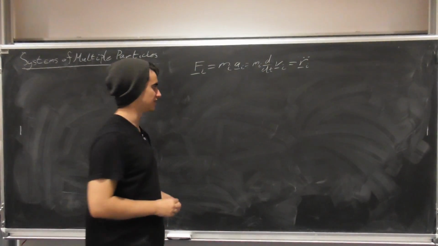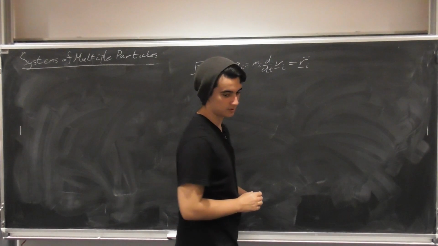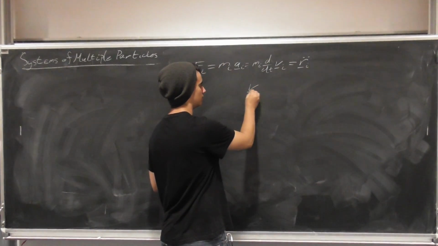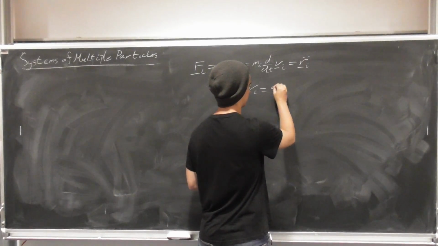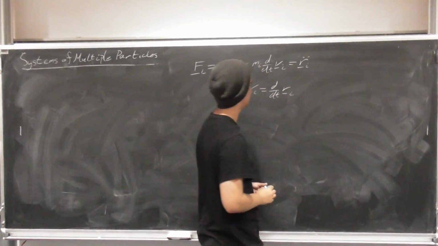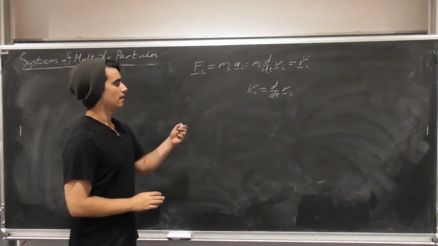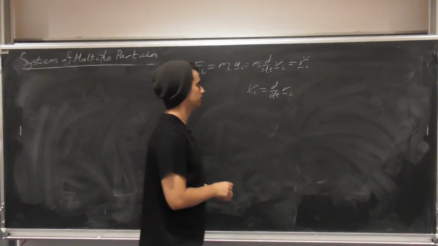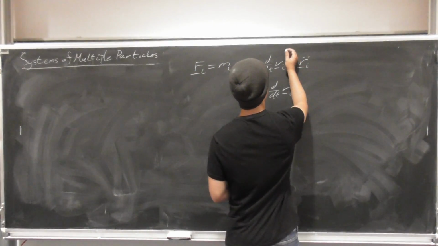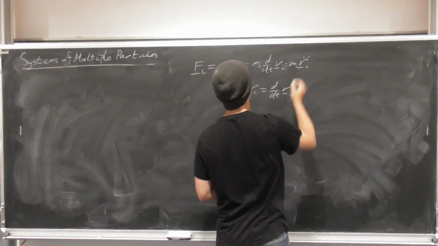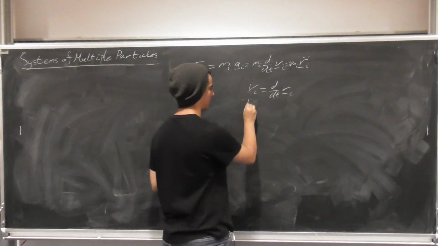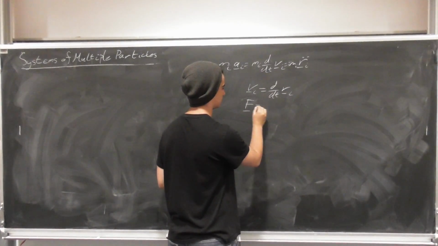And then we can also say that the velocity itself is equal to the time derivative of the position vector. These are really the equations that we'll need. So now we have our velocity and an equation that gives us the force of the ith body.